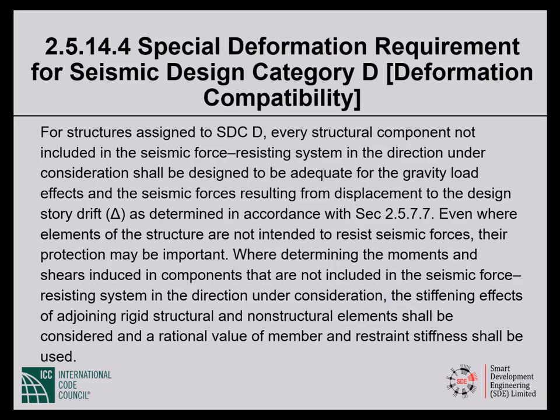Lateral resistance is separated from gravity resistance. The gravity frame is not part of the seismic force resisting system. We have to make sure that the gravity frames will continue to carry full factored gravity loads as they deform together with the seismic force resisting system, the shear walls, all the way up to the design earthquake displacements.